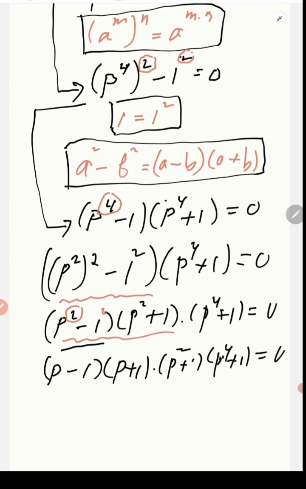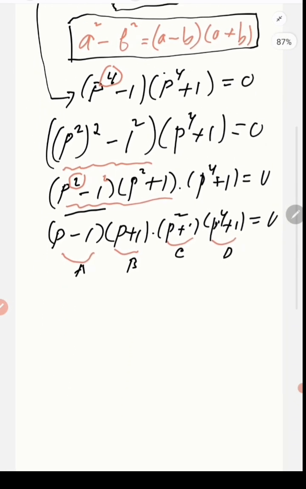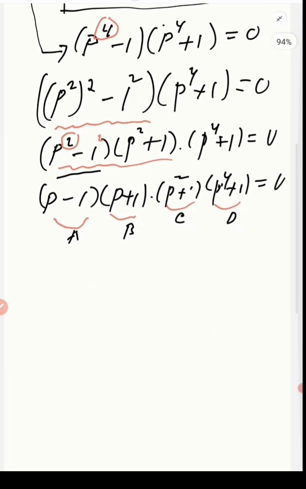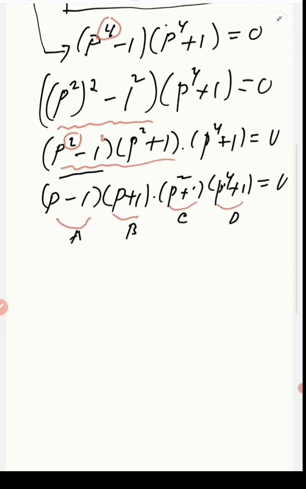So now we have 4 factors: 1, 2, 3, 4. Name them A, B, C, and D. Then we will solve each of them.